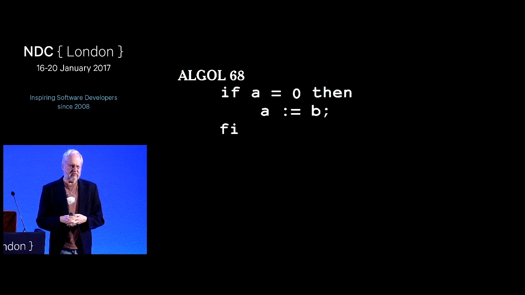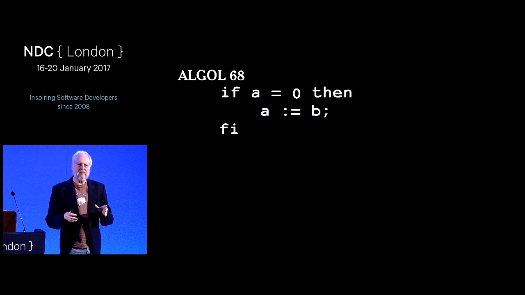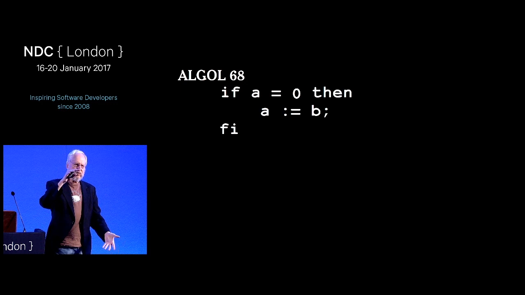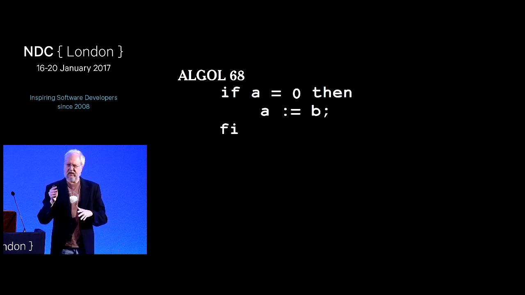I think Dijkstra suggested the syntax, and I think it's just lovely. So instead of having the curly braces or blocks or anything like that, they just have a fi statement which balances the if. And the nice thing about this is that when you look at a program, you've got lots of curly braces, and the curly braces represent the end of blocks, the end of functions, the end of object literals.